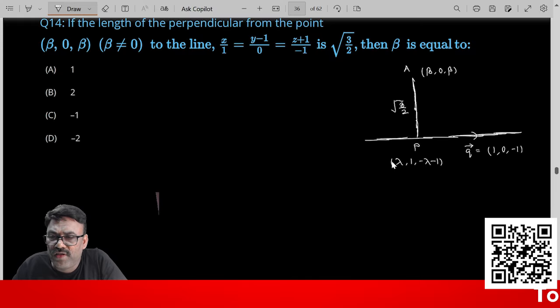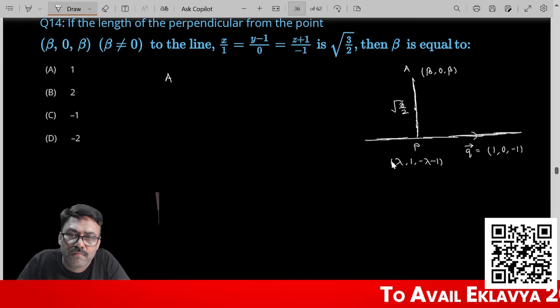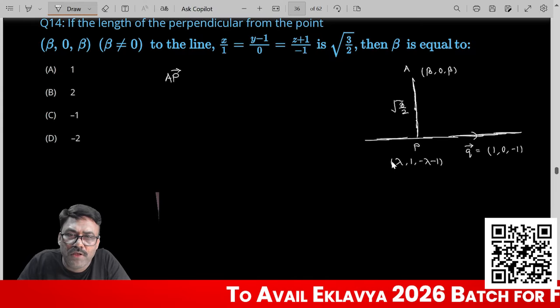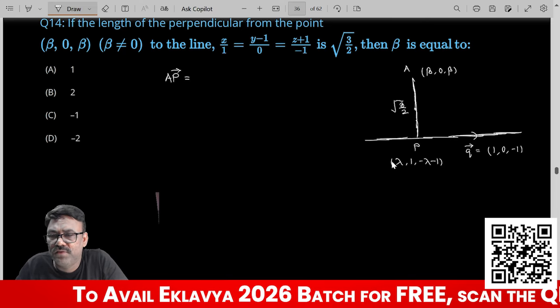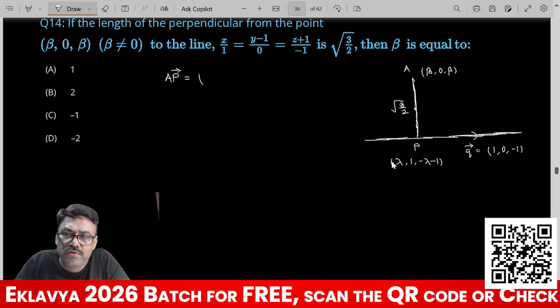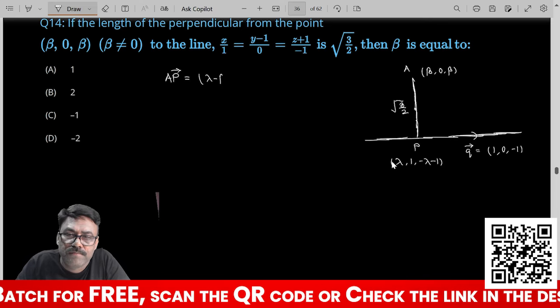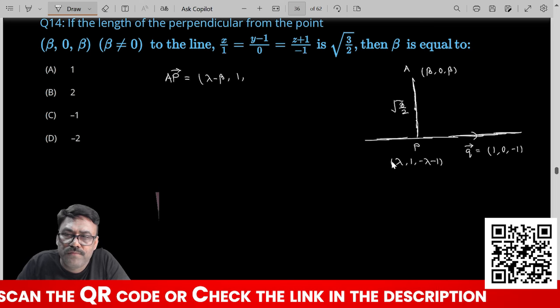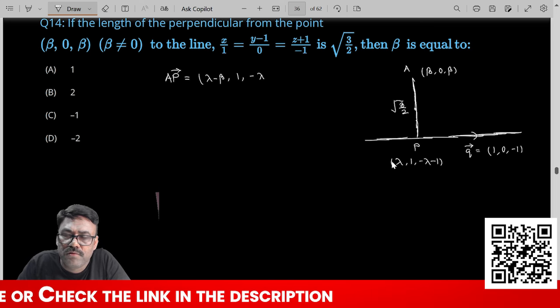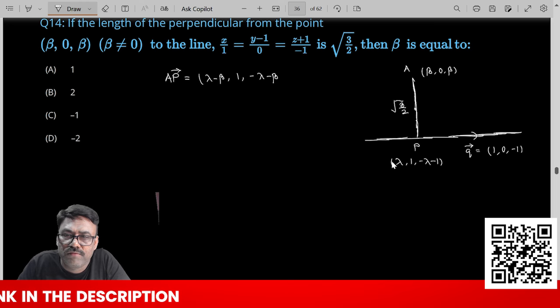I can also find this AP vector. AP vector is P minus A, just subtract. So you will get lambda minus beta, 1 minus 0, and minus lambda minus 1 minus beta.